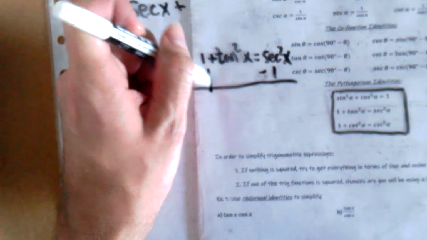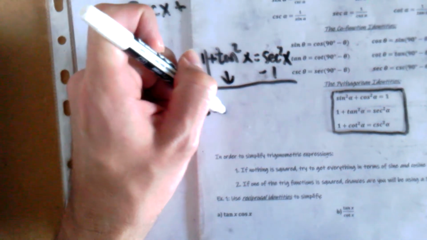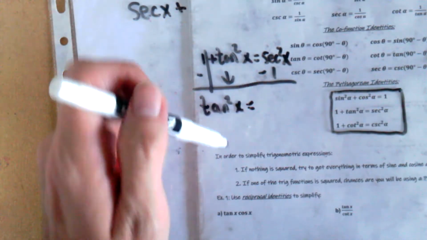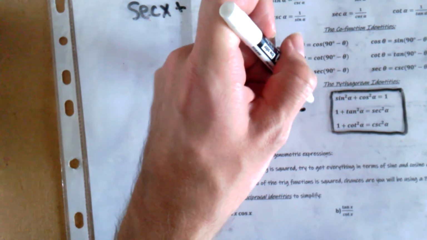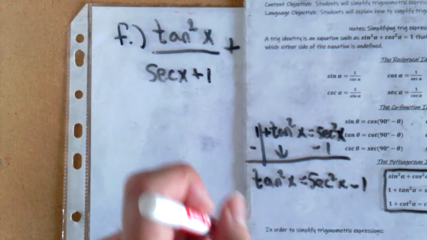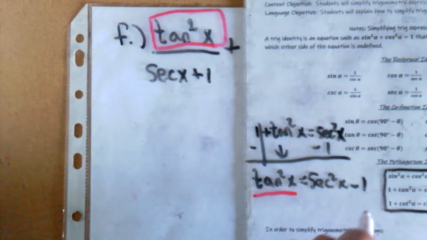1 minus 1 is 0, so the 1 cancels out here. We can bring down tangent squared, so we're left with tangent squared equals secant squared minus 1. Okay, so that tells us that tangent squared is actually equal to secant squared minus 1. So we can replace tangent squared in our problem with secant squared minus 1.